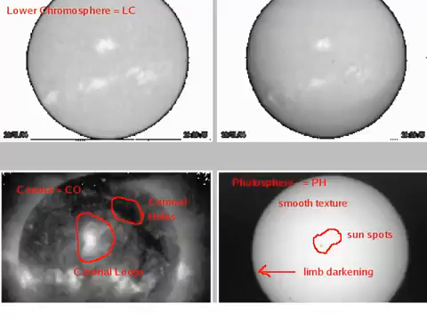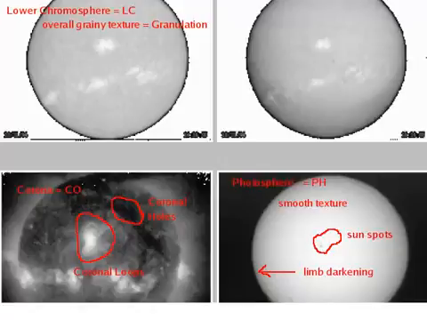And that overall grainy texture is actually called granulation. And that's pretty much all over. Yeah, and the granulation, you can see it a little bit in the photosphere, but not very much. That's due to the energy coming up from directly underneath the solar atmosphere, sort of like bubbling water.